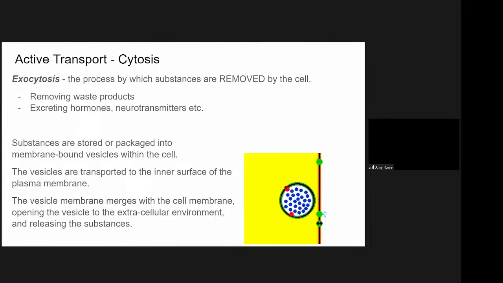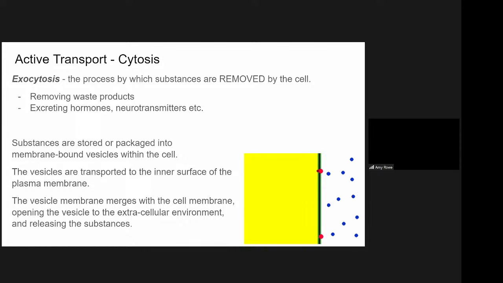So substances are stored or packaged into a vesicle within the cell, which is bound up by a membrane. What happens is that membrane squeezes up against the cell membrane, and they sort of merge together. So the vesicle membrane merges with the cell membrane, and when it merges, it basically opens up the vesicle to the extracellular environment, so outside the cell.